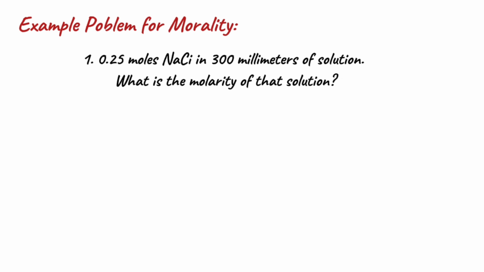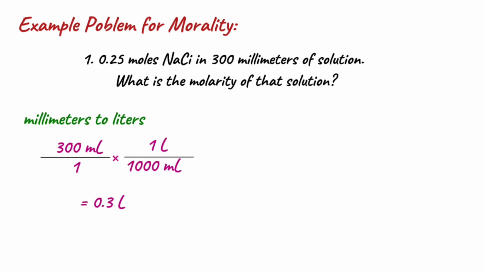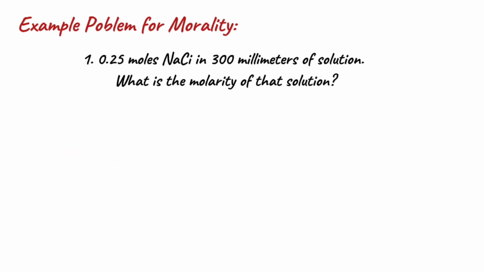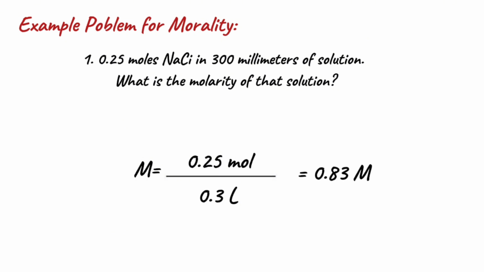And to convert milliliters to liters, simply divide by 1,000. 1 liter is equal to 1,000 milliliters, so 300 divided by 1,000, the answer is 0.3. Another thing that you can do is move the decimal 3 units to the left. So let's divide 0.25 by 0.3 liters, and that's about 0.83. And that's the concentration of the first solution.